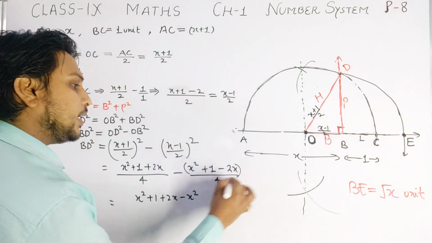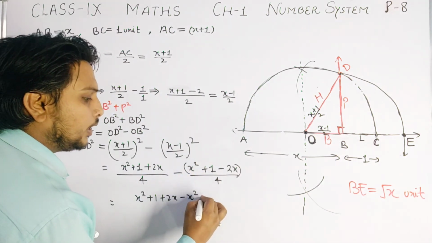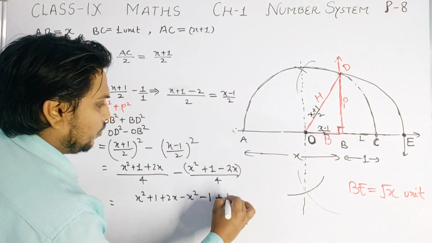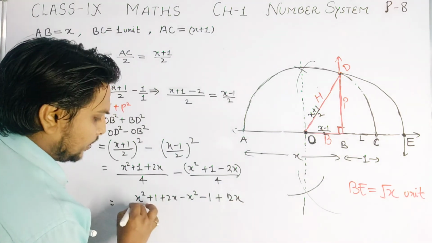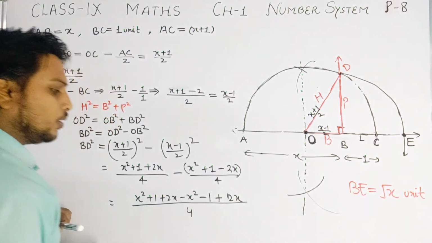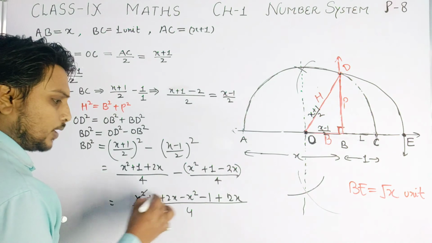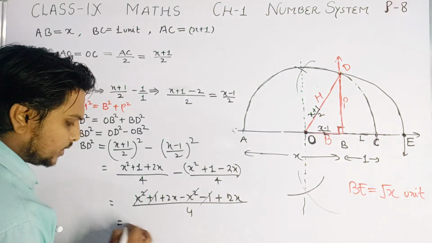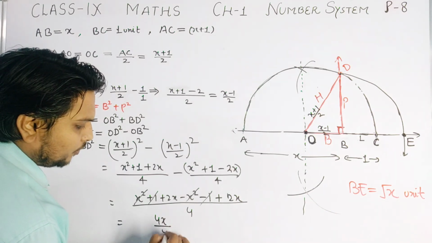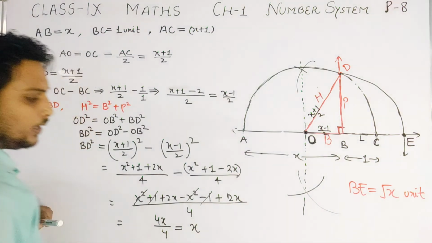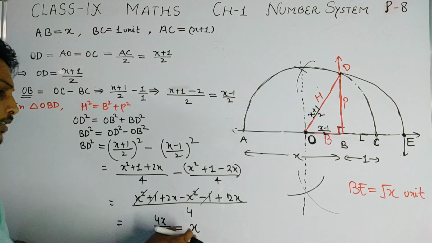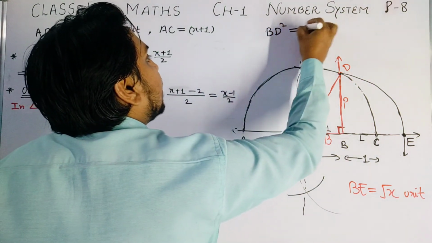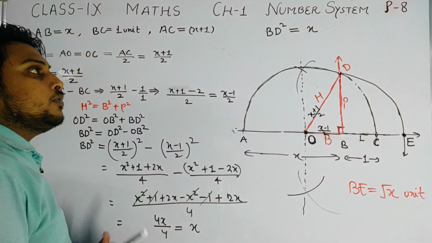Before this expression there is a minus, so when we open the bracket it will be minus x square plus 1 plus 2x, upon 4. So x square cancels with x square, 1 cancels with 1, and 2x plus 2x is 4x. So 4x upon 4 gives us x. So BD square is equal to x.